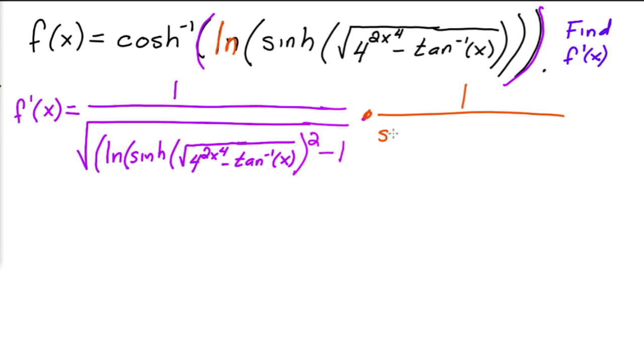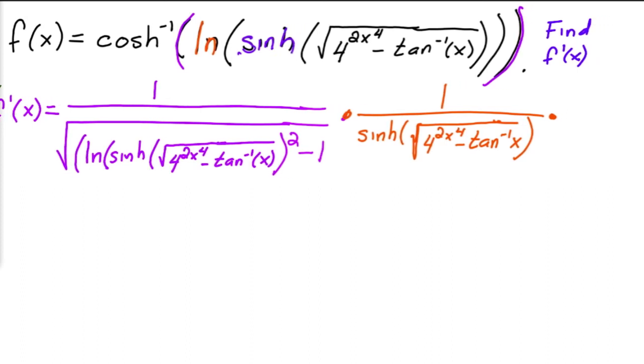So the inside is going to stay the same: sinh of the square root, 4 to the 2x to the 4th minus inverse tangent of x, times the derivative of its inside, which is this guy right here, sinh.